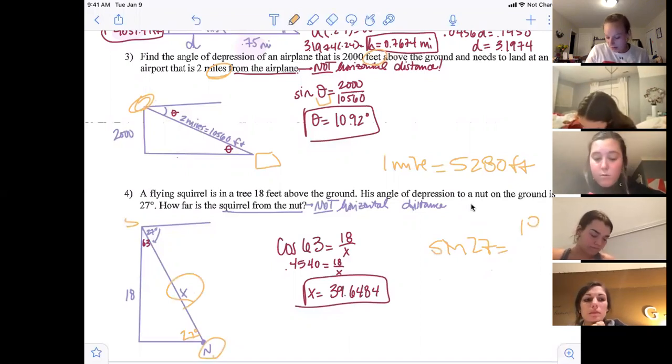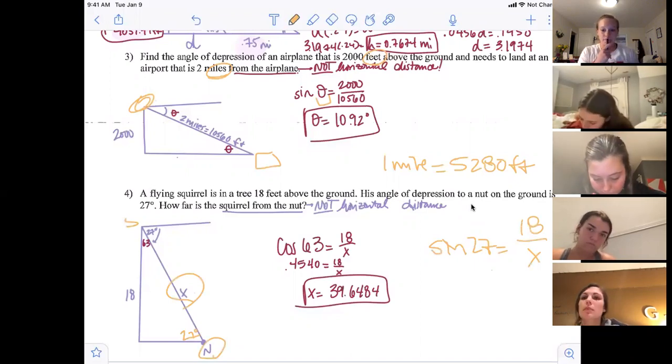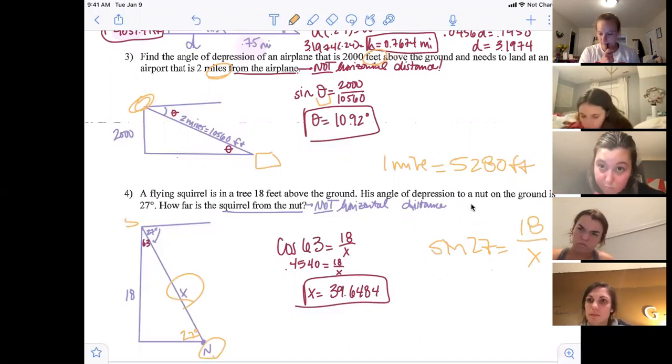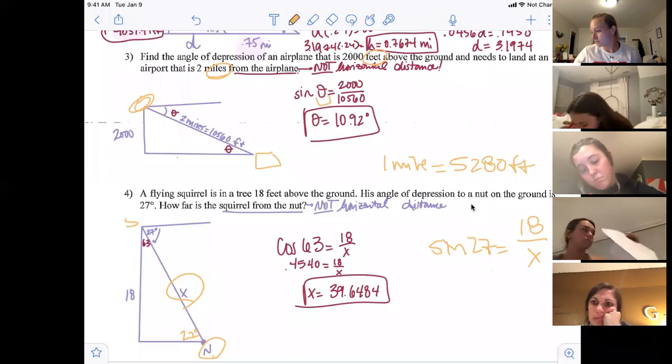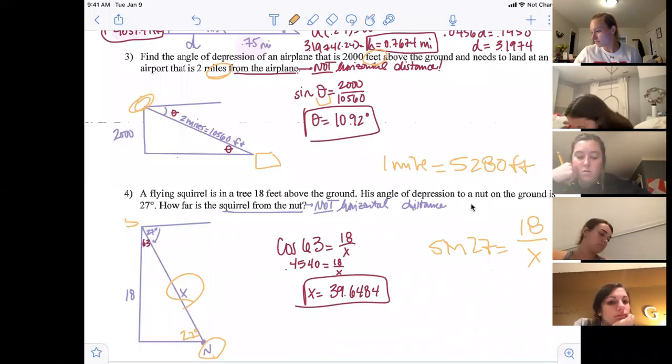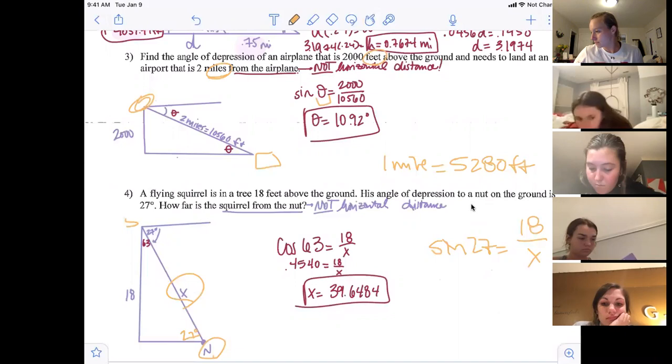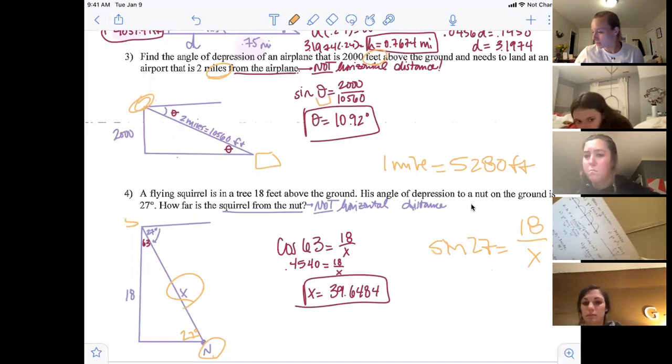So half the battle is drawing a picture and identifying correctly which distance you have. All right. Any other questions on the front page of this?